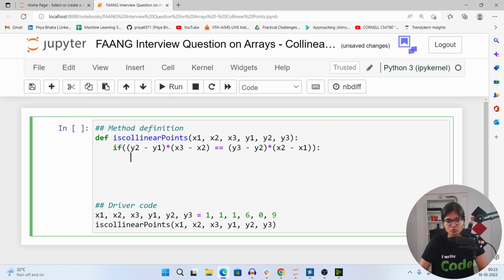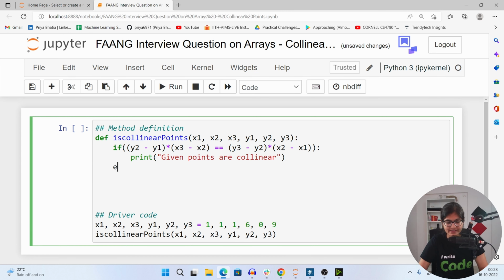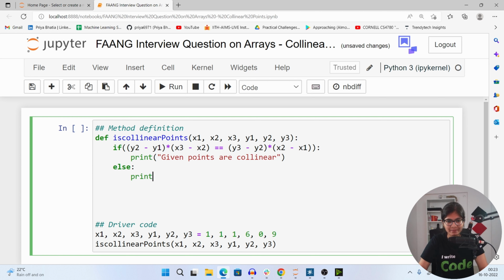If these two things are equal, at that point of time I can simply print yes, given points are collinear. If that is not the case, in the else part you can simply print that given points are non-collinear.